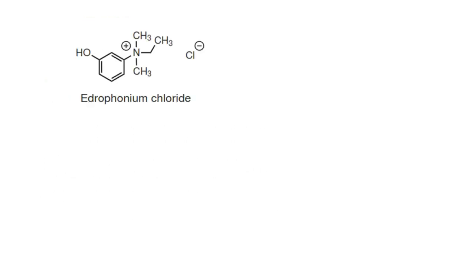Next one is edrophonium chloride. Edrophonium chloride is a non-classical acetylcholinesterase enzyme inhibitor, non-carbamate. As I told you, this acts as an inhibitor via allosteric inhibition, because it fits into the receptor pocket and blocks access of acetylcholine to the esterase enzyme.